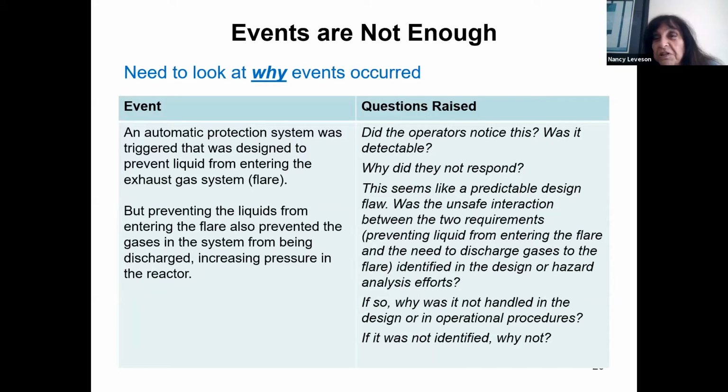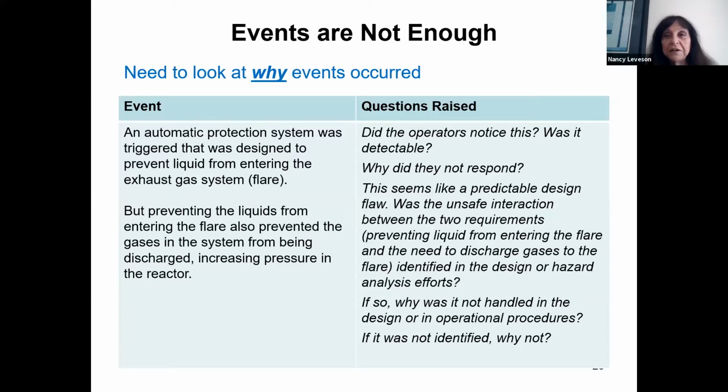This seems like a predictable design flaw. Was the unsafe interaction between the two requirements? There's two requirements here. One is preventing liquid from entering the flare, and the other is the need to discharge the gases to the flare. Whether they were identified in the design or the hazard analysis effort? If so, why weren't they handled in the design or in the operational procedures if it couldn't be done in the design?